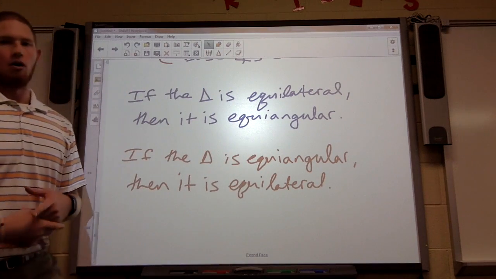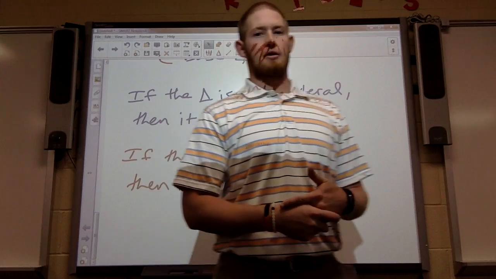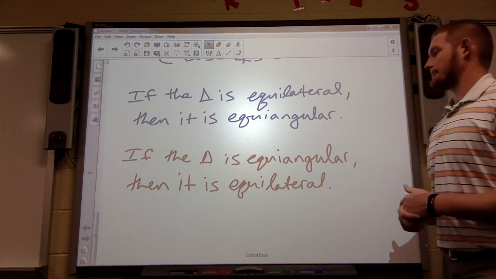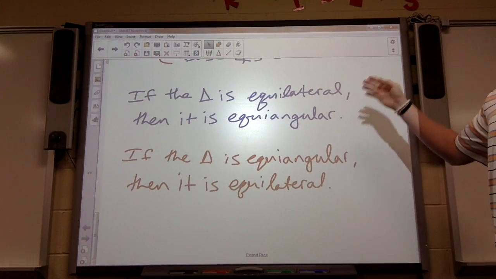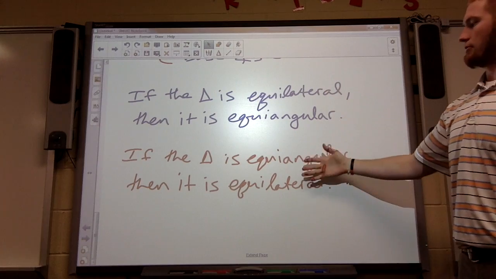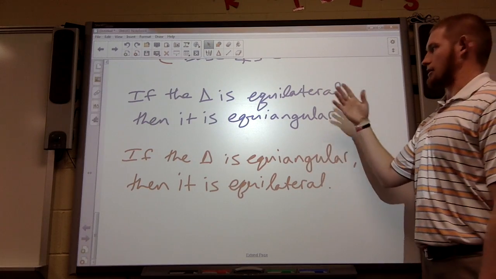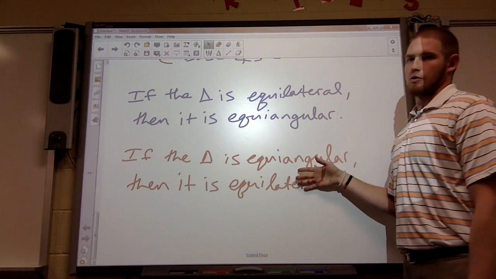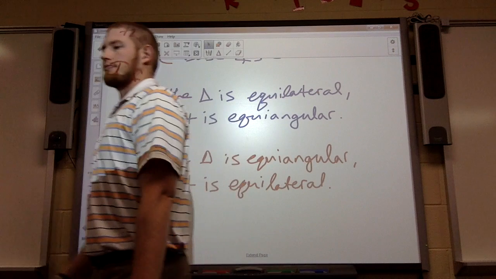Okay, and again, hopefully that's fairly obvious with the fact that if we have this one, we have to have this one. If it's equilateral, it's equiangular. If it's equiangular, it's equilateral.